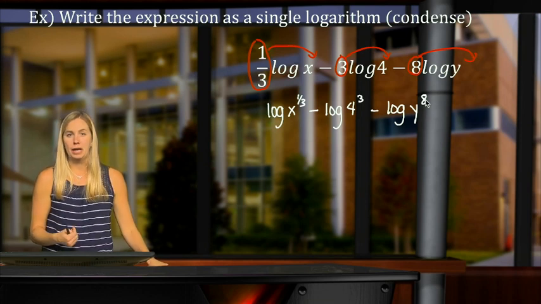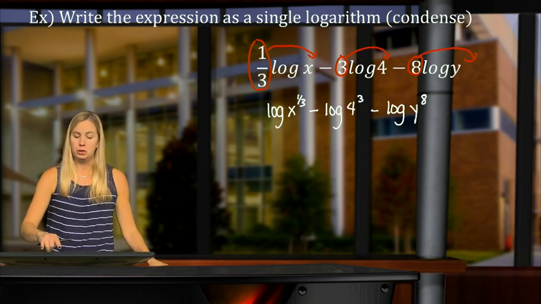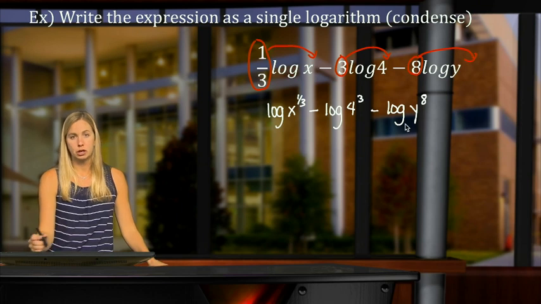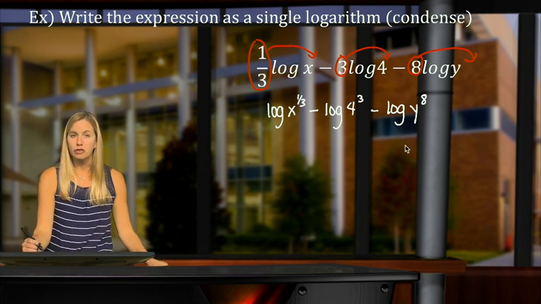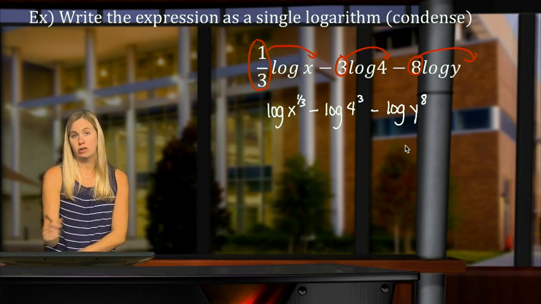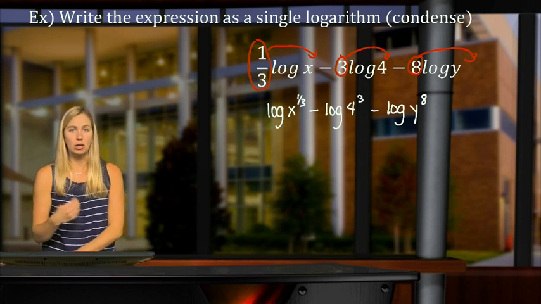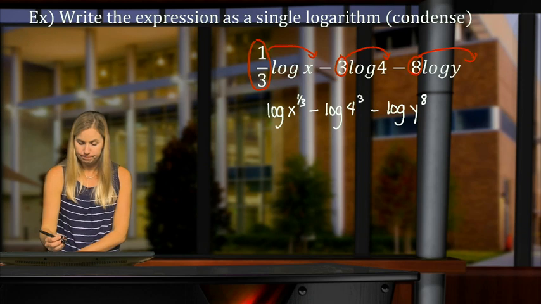Now, it doesn't appear that we have any addition here, but if you look at these last two terms, what do they both have a factor of? They both have a factor of -1. So we're going to actually factor that out so that we can see where the addition is in this problem.